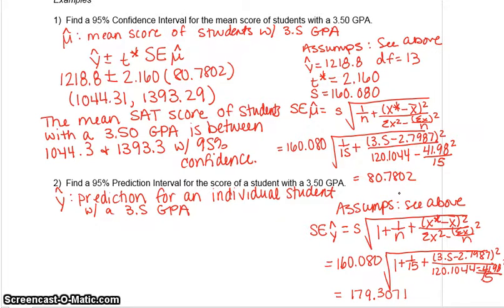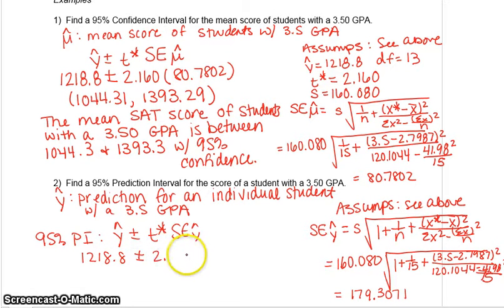So plugging in for our 95% prediction interval, the equation is y hat plus or minus t star times the standard error for an individual prediction. So that's going to be 1,218.8 plus or minus. The t star is the same because our degrees of freedom are the same, and it's still a 95% level.